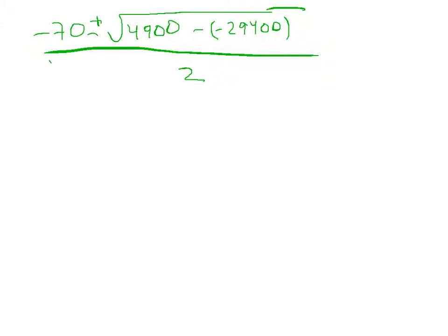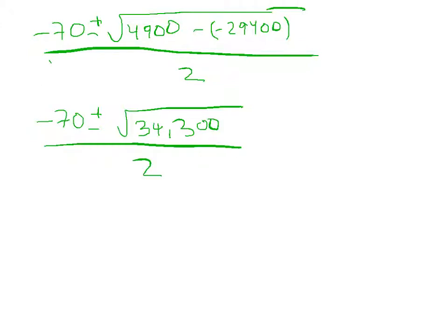If I simplify this even more, I get negative 70 plus or minus the square root of 34,300 all over 2.